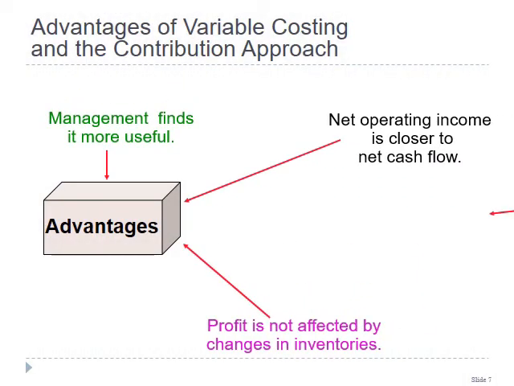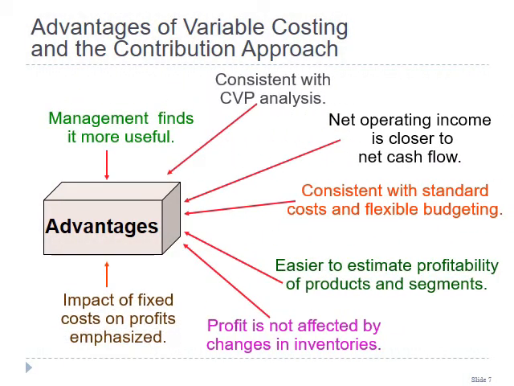Now heading towards the other part of our learning objective, that is the advantages of variable costing and the contribution approach. Number one is that the data required for CVP analysis can be taken directly from the contribution format income statement, right?